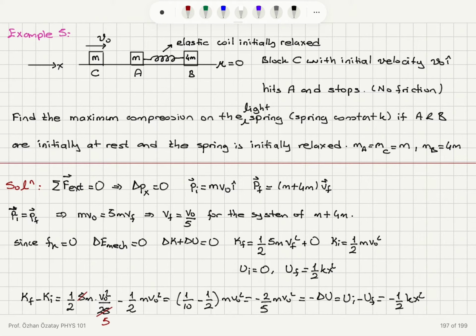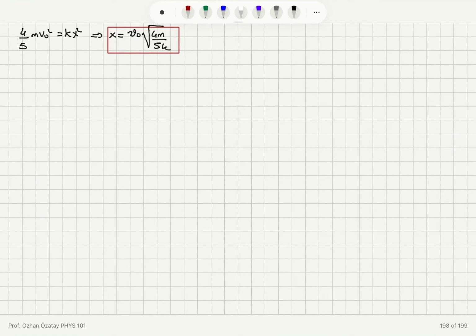The change in the kinetic energy of the system will be stored as potential energy on the spring, and we can calculate the compression in the spring when we have reached this final velocity of A and B. Delta K is equal to minus delta U gives us the compression in the spring to be v0 square root 4m over 5k.